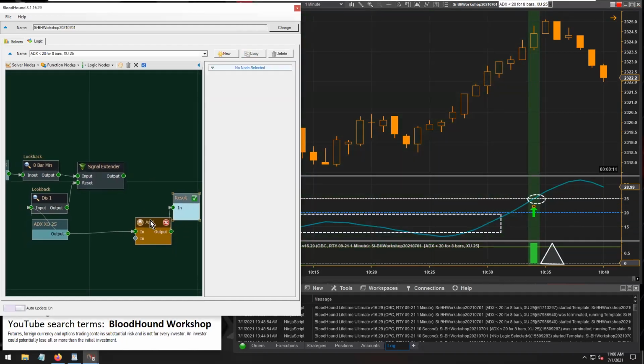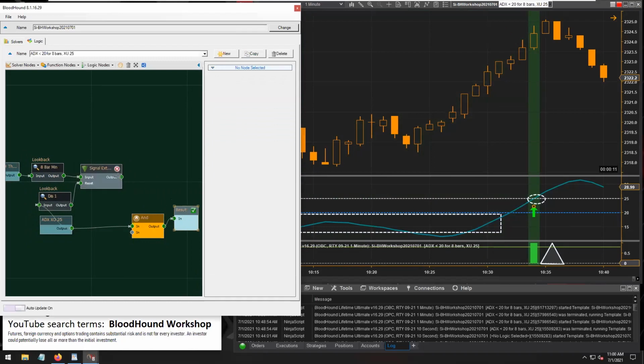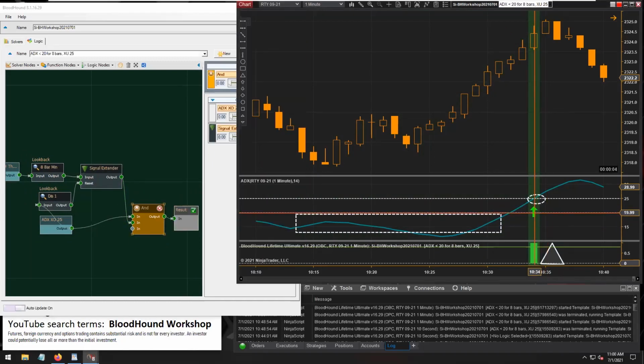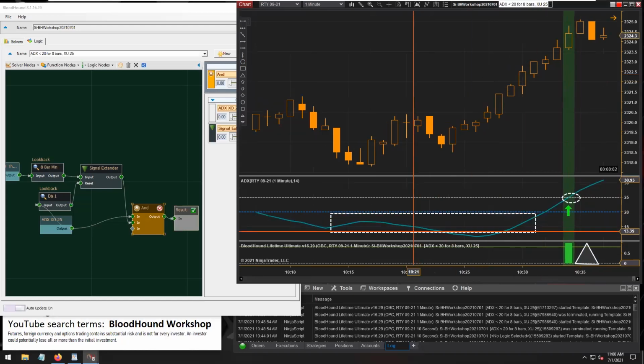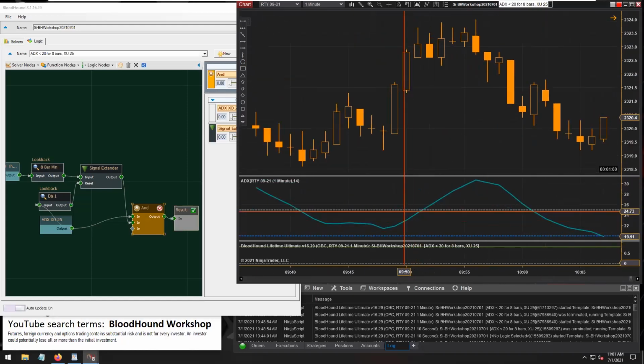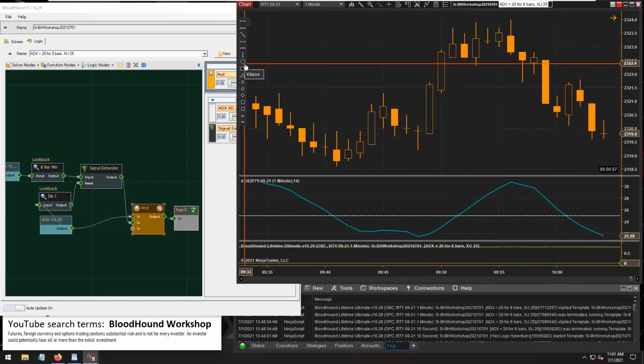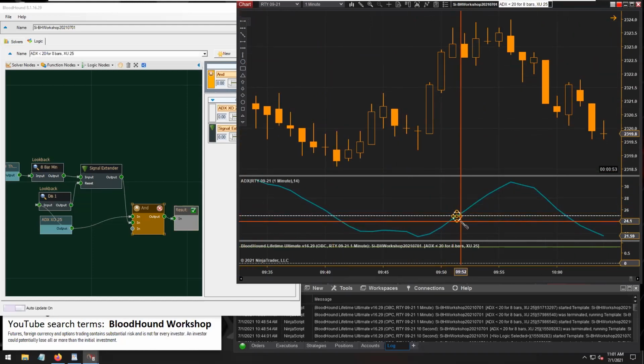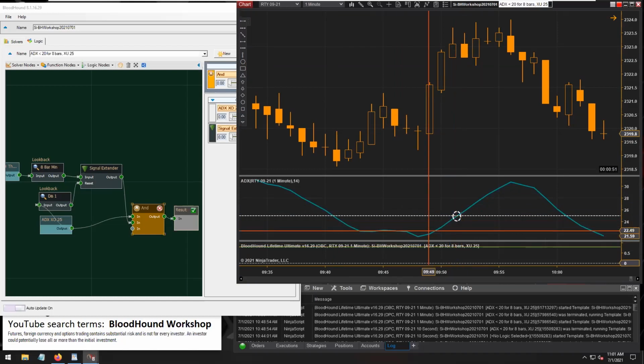Let's back up a little bit here. Now if we connect this into the AND node, we actually get our signal there. There's our crossover signal. And if we look back here, there's a crossover, but we can see the ADX did not go below 20 here.